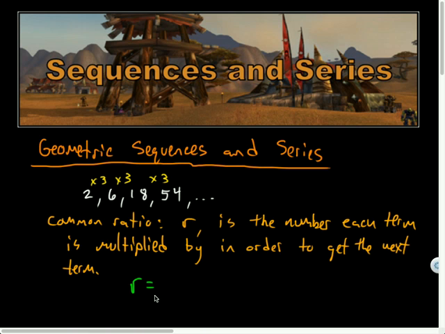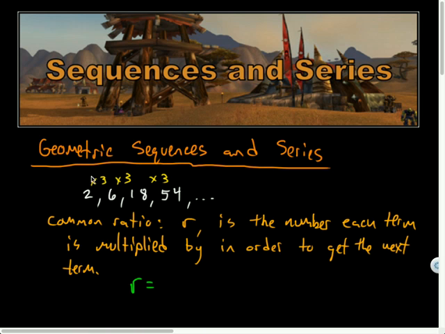But what's another way I could ask that that would be a little bit more formulaic and less intuitive? Any ideas? How did we find the common difference with arithmetics? Now we're going to divide. I'll divide 2 consecutive terms.